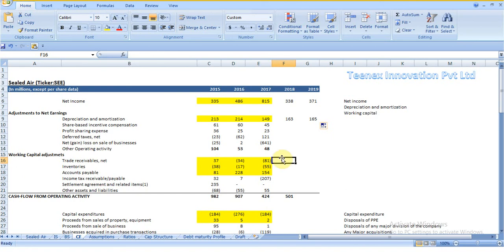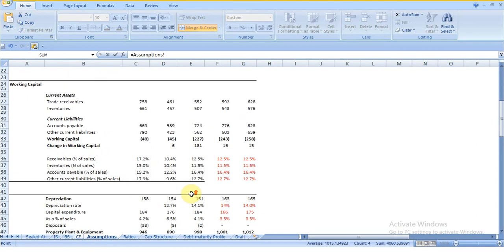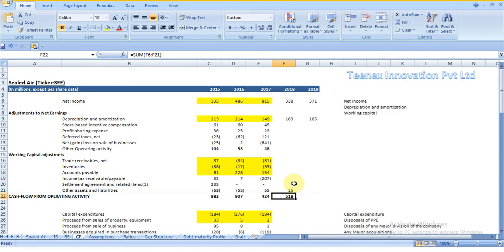I'll merge these cells and put in the number which I have calculated on the assumption tab, which is 16 for the period of 2018. This consists of the change in working capital from last year to this year, and I'll drag it. I'll drag the formula for the cash flow from operating activity, and I see that I got the numbers here.